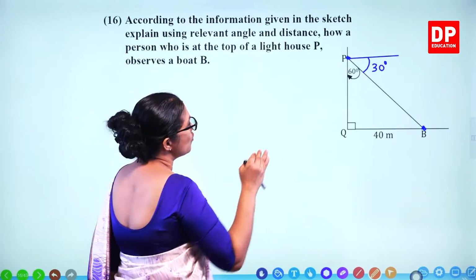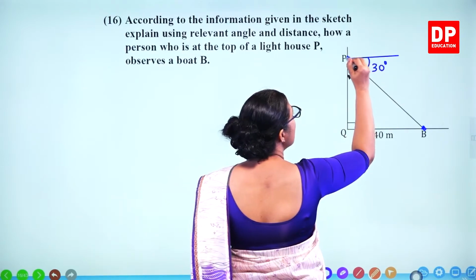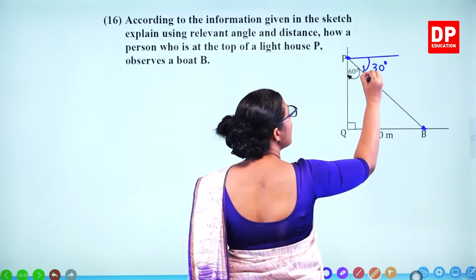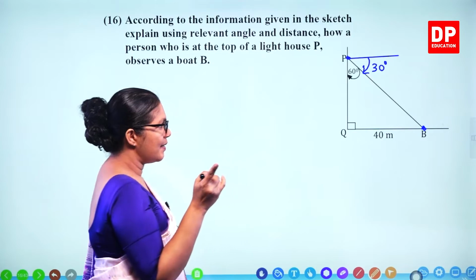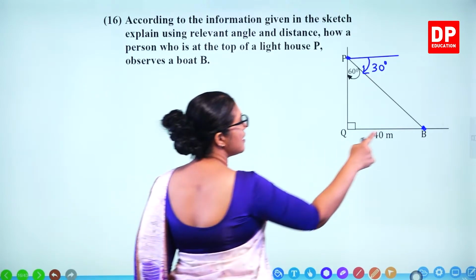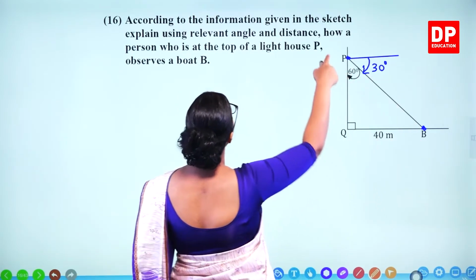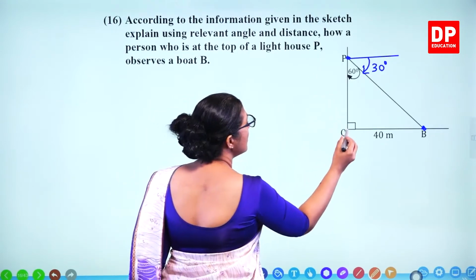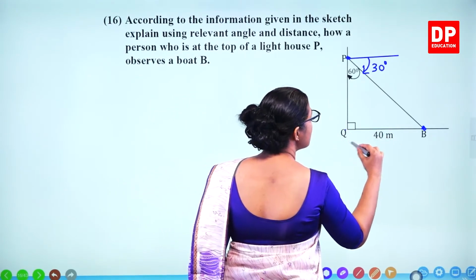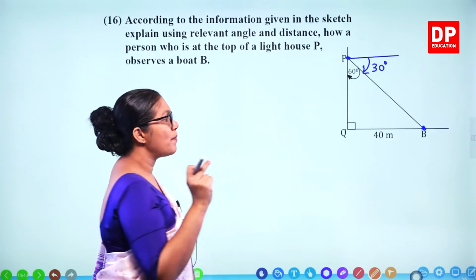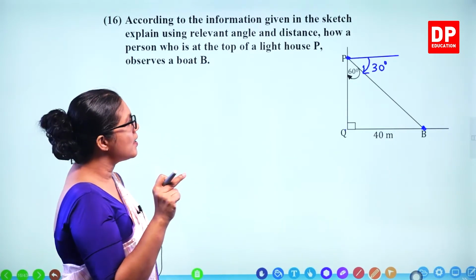So this is 30. So we can say here, looking down, angle of depression is 30, and from the foot of the lighthouse, the distance is 40 meters. So you have to mention the distance as well as the angle.